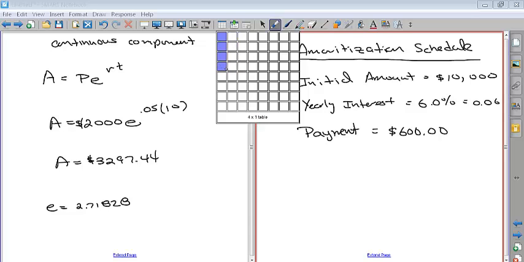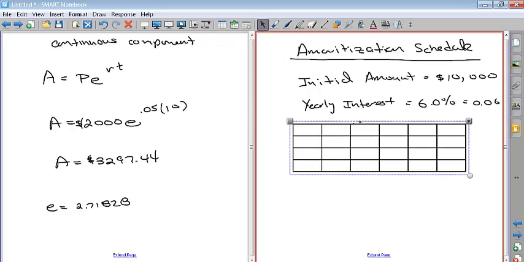So we need a column for month, for interest, for payment, for balance, total interest. Well, I'll call it excess. I think that's all I need, hopefully.